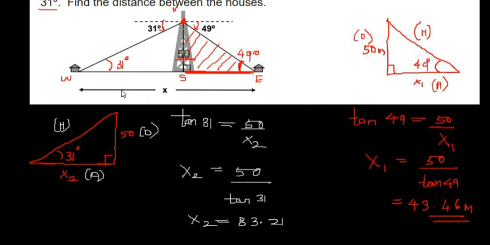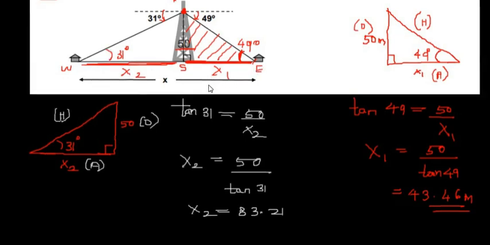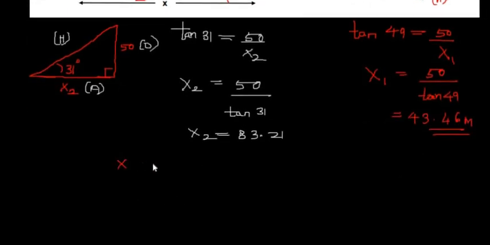So now we have also got this part. This is x2 and this is x1. So x, the total distance between the two houses, is nothing but the addition of the first distance we found plus the second distance. The first distance we got was 43.46 plus the second distance we got was 83.21.